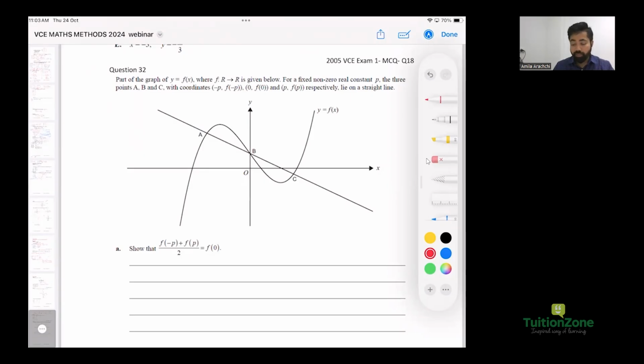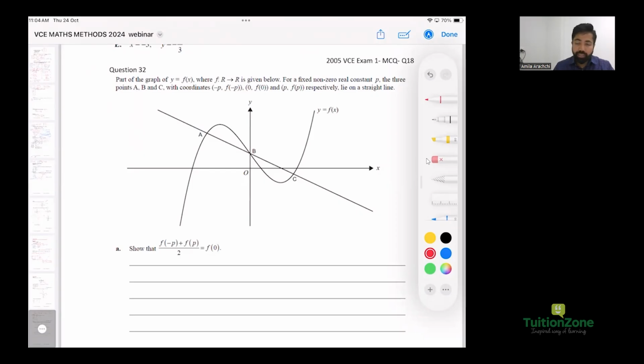How about one of the easiest ways to start this question: if you see the points A, B, and C, they are collinear. What does collinear mean? They're placed on the same straight line.